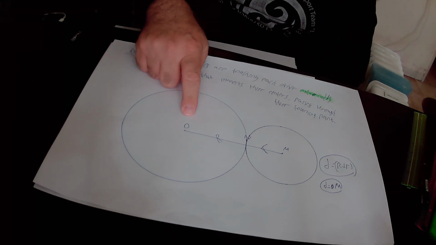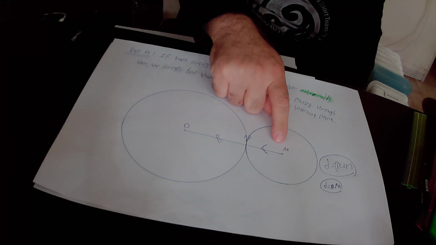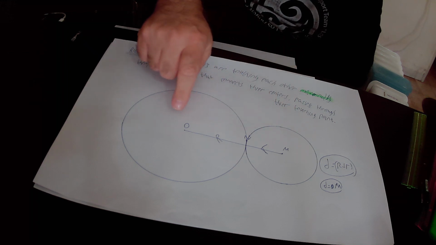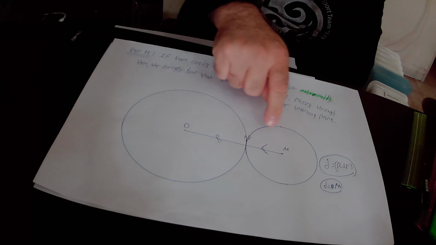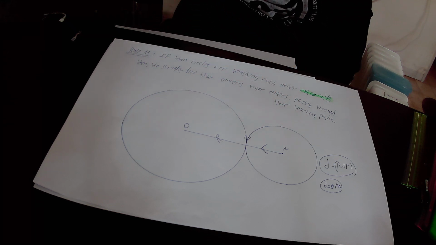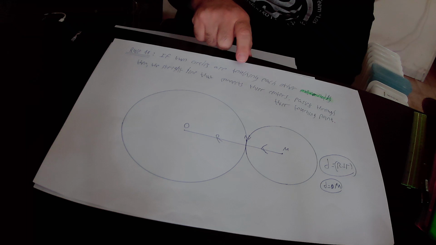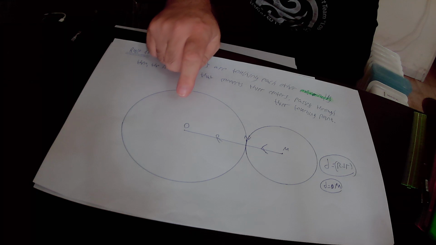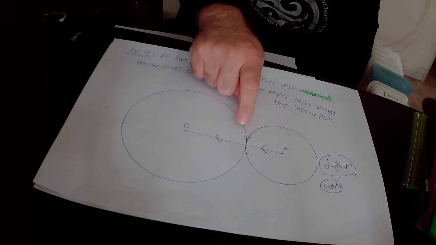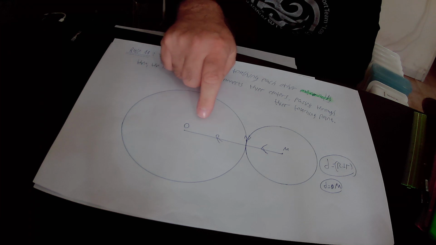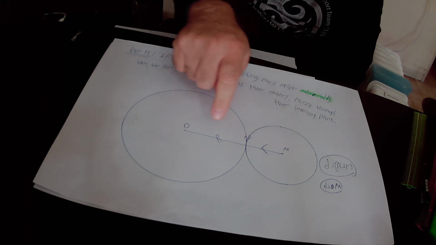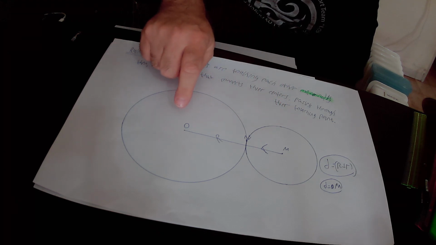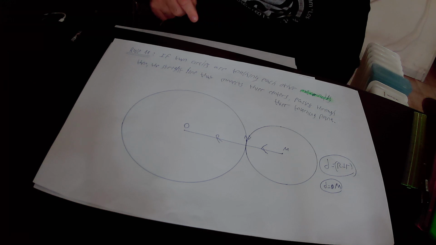Point O is the center of the big circle, point M is the center of the small circle, and the straight line that connects their centers is OM. Line segment OM must pass through point N, so the three points O, N and M are located on one straight line.